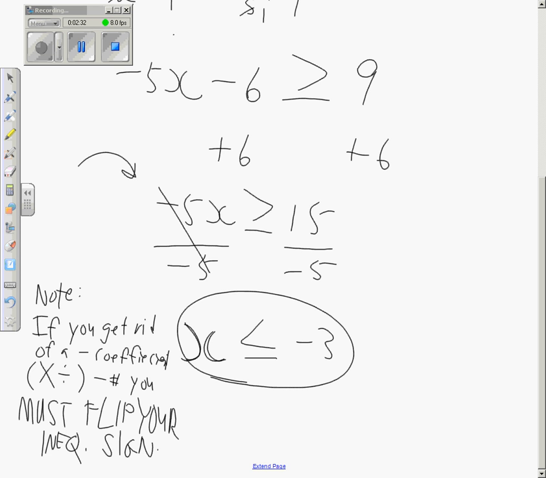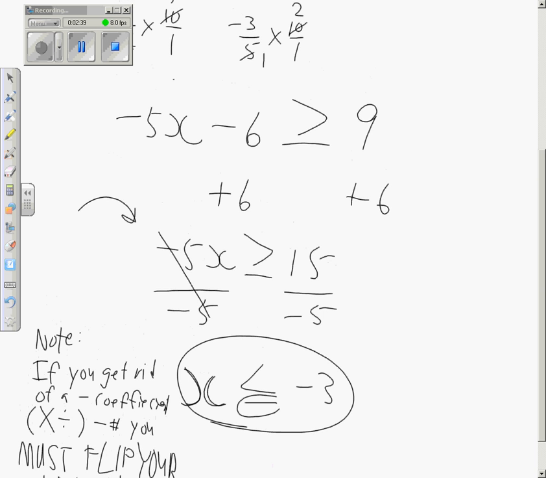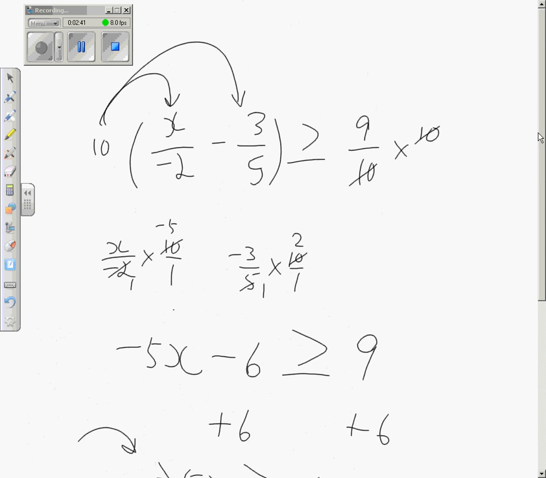Okay? Negative 3. Now, if you don't believe me, let's go back up and check that out. Because this equal sign is here, I'm going to go up and put that negative 3 in. So if I substitute negative 3 for the x, let's just rewrite it again. x over negative 2 take away 3/5 is greater than or equal to 9/10.